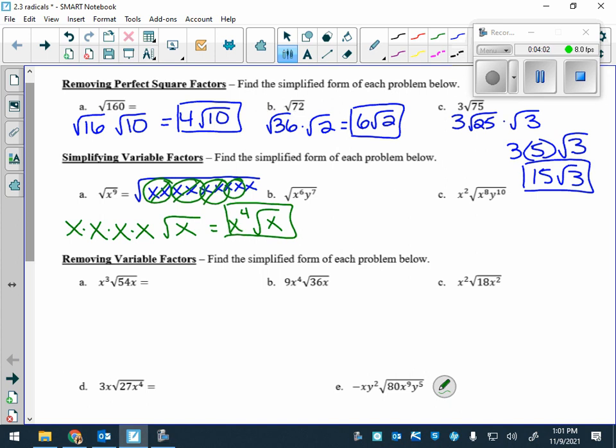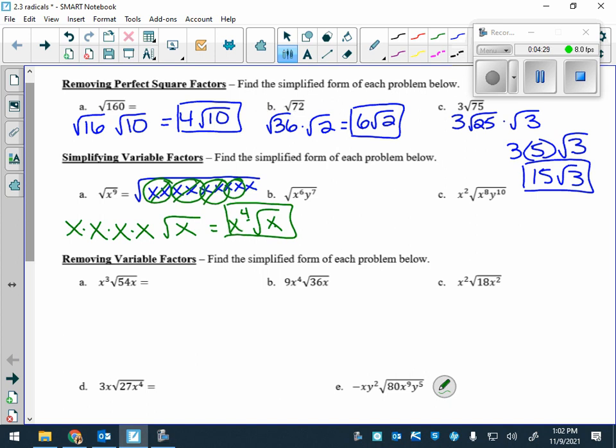So the other thing is we have the square root of x to the 9th. 2 goes into 9 how many times? How many are left over? That's the easier way. Yes? Wait, so if it was cubed, you would just divide by 3? Correct. Because you're ultimately looking for 3 of a kind.